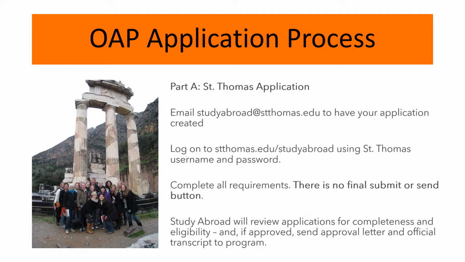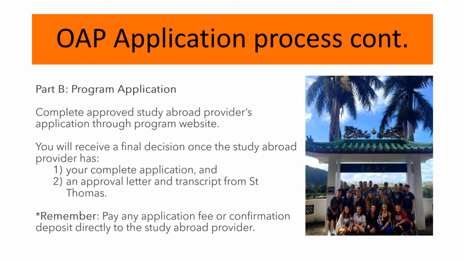The Office of Study Abroad staff will then review applications for completeness and eligibility, and if approved, will send an approval letter and an official transcript to your study abroad program provider on your behalf. Next is to apply directly to your program by completing your study abroad provider's application through their program's website.